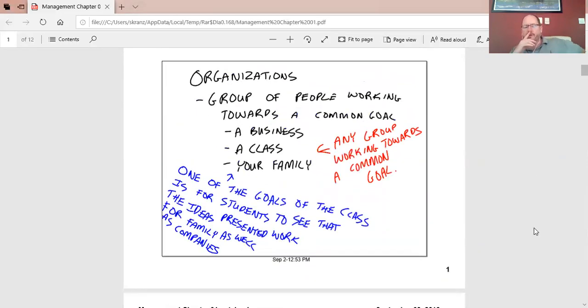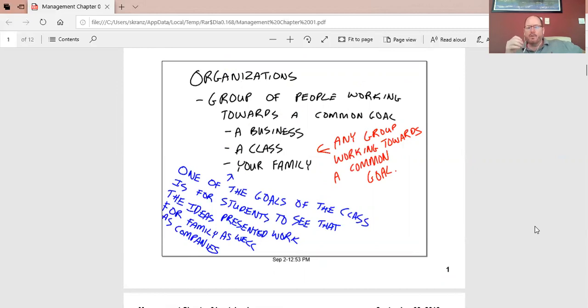The term organizations: an organization is any time you have a group of people working towards a common goal. So a business is an organization, our class is an organization, your family is an organization.